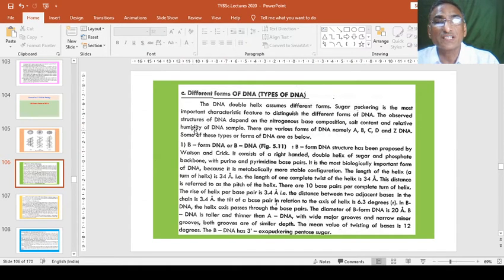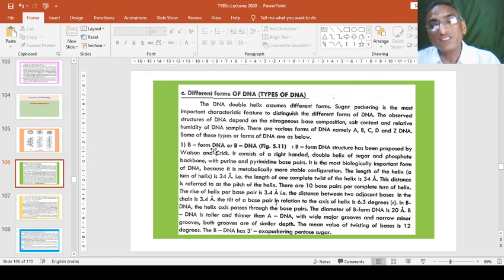The observed structures of DNA depend on the nitrogenous base composition, that is the composition of adenine, thymine, cytosine and guanine, the salt content, whatever salt materials are present, and the relative humidity of the DNA sample. So there are various forms of DNA, namely A form, B form, C form, D form and Z DNA form.